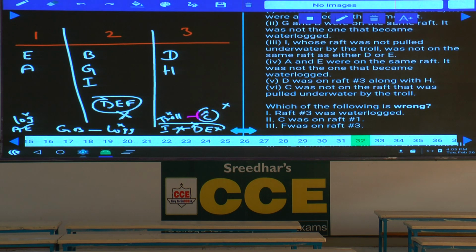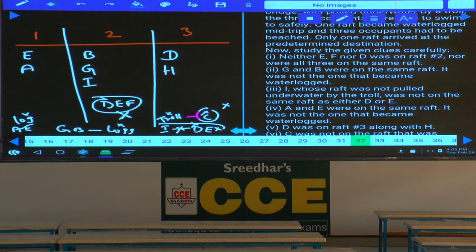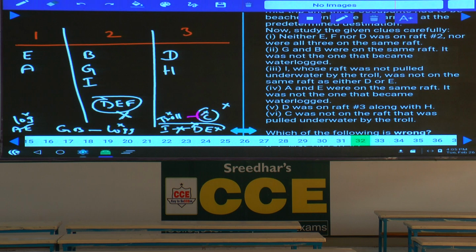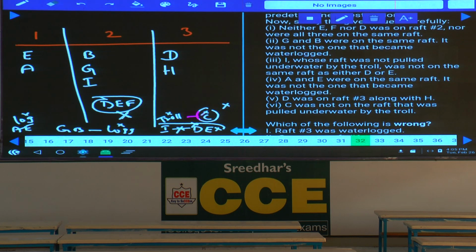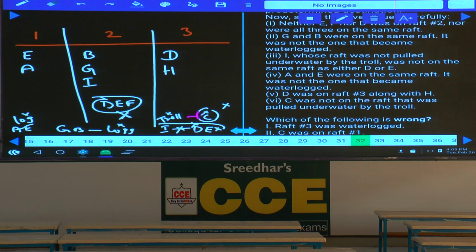Are you following? Neither D, E nor F were along the same raft. G and B were on the same one, and it was not the one that became waterlogged. This group with G and B is not waterlogged. Waterlogged is ruled out, isn't it? And where is C?